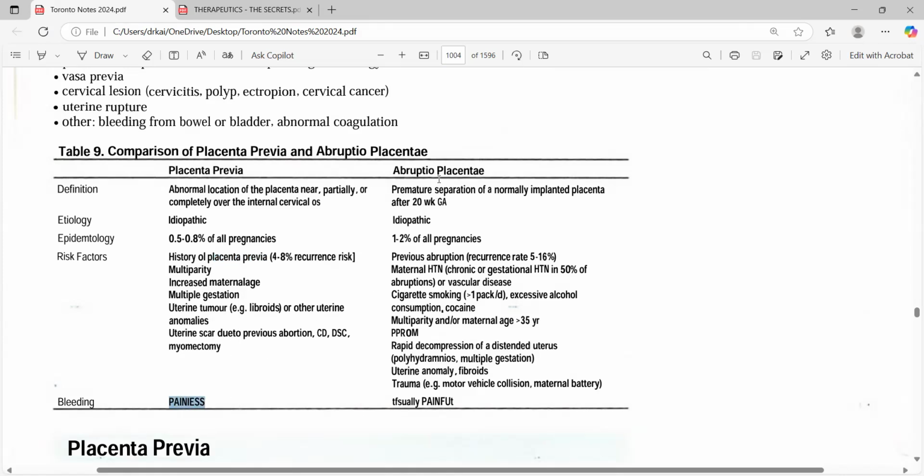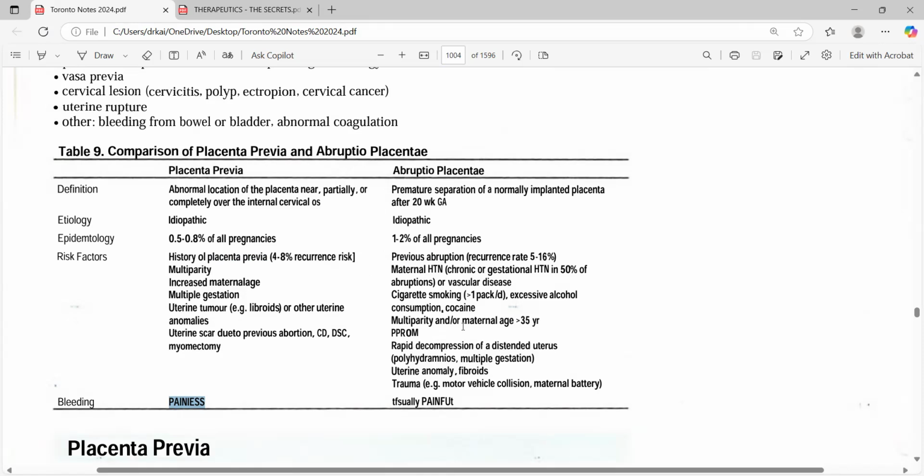Then comes abruptio placenta. It is a premature separation of the normally implanted placenta after the 20th week. Risk factors: previous abruption, maternal hypertension, vascular disease, cigarette smoking, cocaine consumption, multiparity, PPROM, rapid decompression of the distended uterus, trauma and fibroids. It's usually painful.